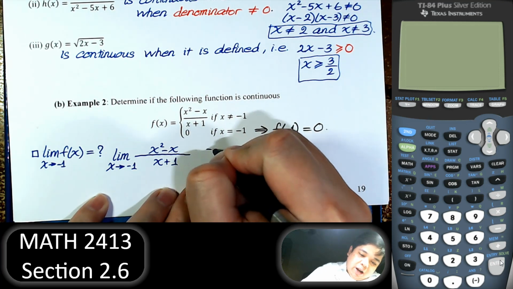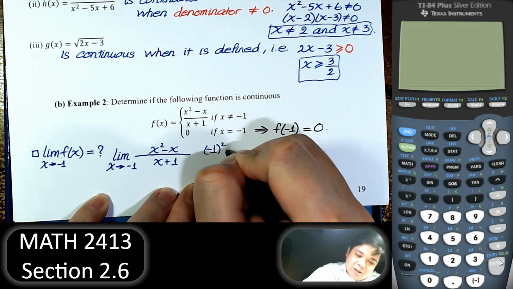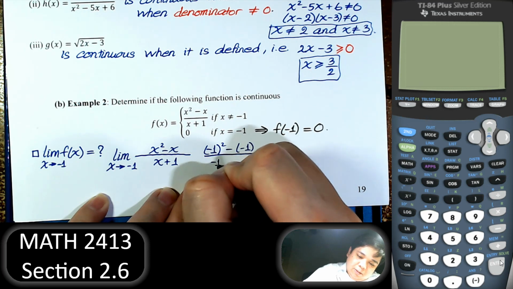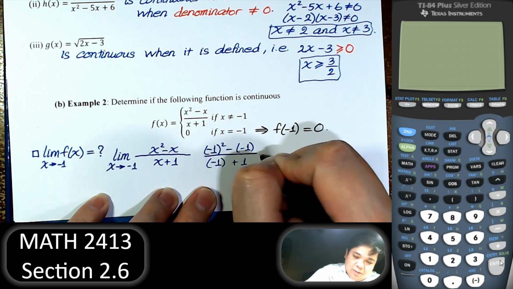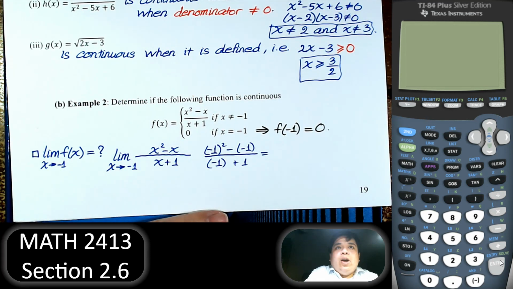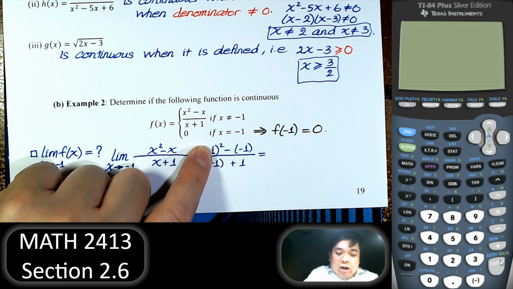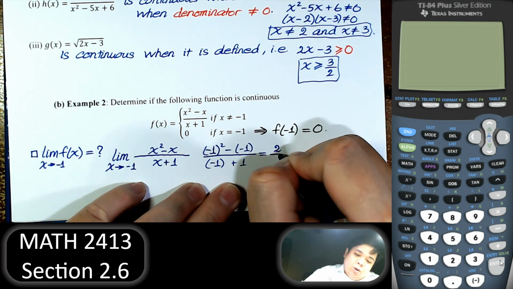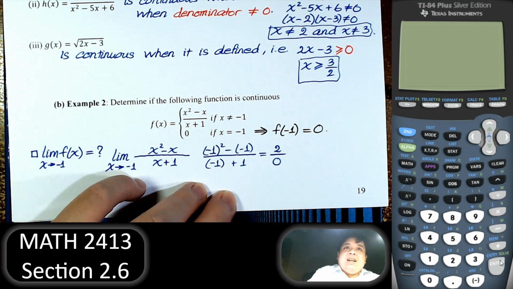Put -1 in for x. -1 squared is 1, 1 minus 1, 1 plus 1 is 2, over 0. Well, that is undefined.